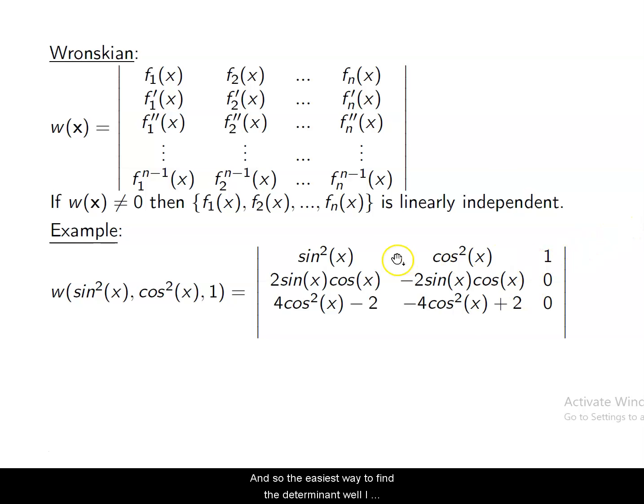And so the easiest way to find this determinant, well, I guess doing the 3 by 3 multiplication is not that bad. But notice here, I got a 1 and all zeros. So if I go down this column, my cofactor expansion is positive, negative, positive, right? So I have just a negative 1, so it doesn't do anything. I delete this row, delete this column, and I'm just finding the determinant of this 2 by 2 matrix.